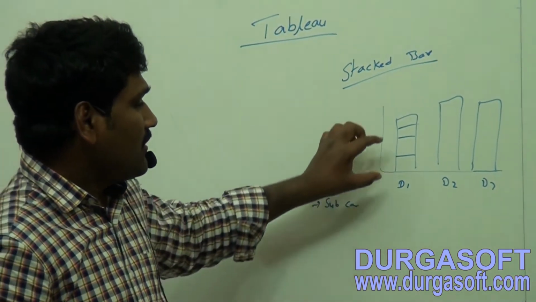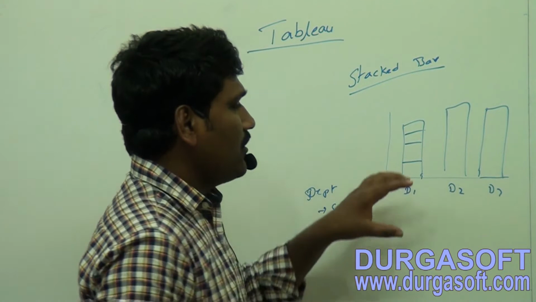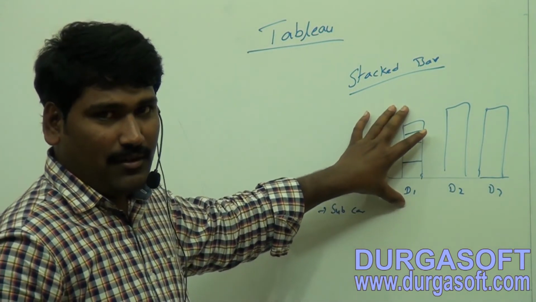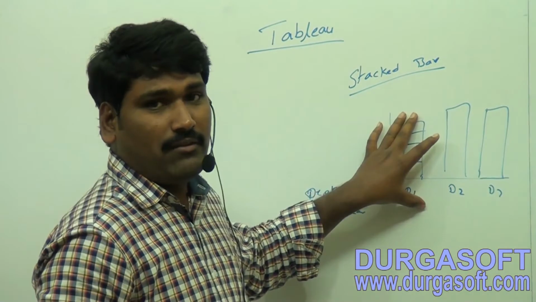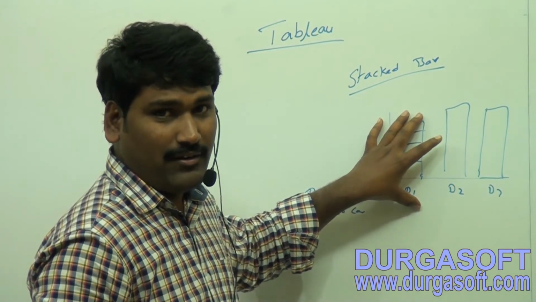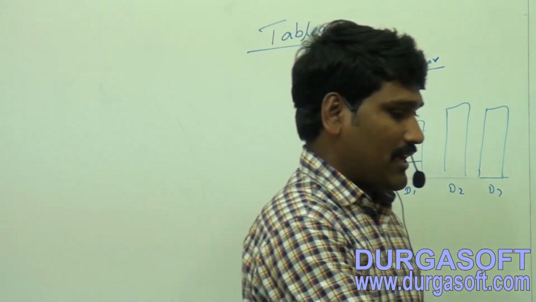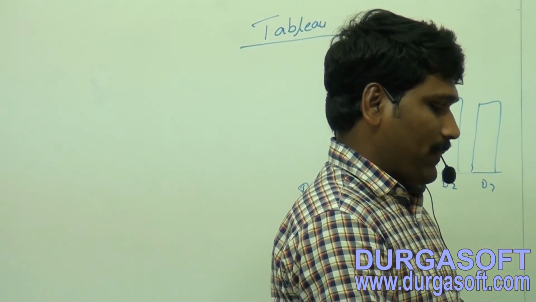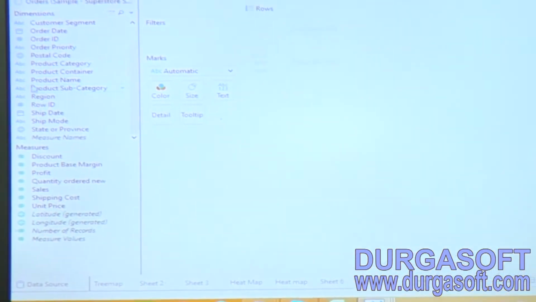That means the total bar represents the total sales of the department, but when I drag my subcategory data, the bar is divided by subcategory data. Now let's have a small chart of the stacked bar.